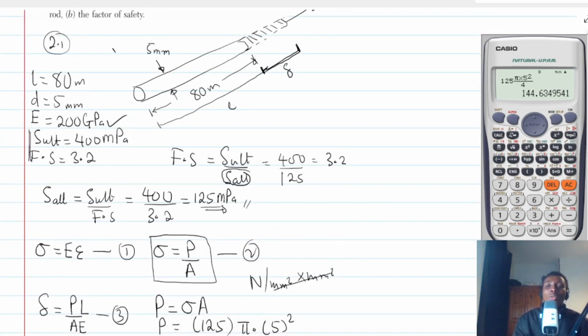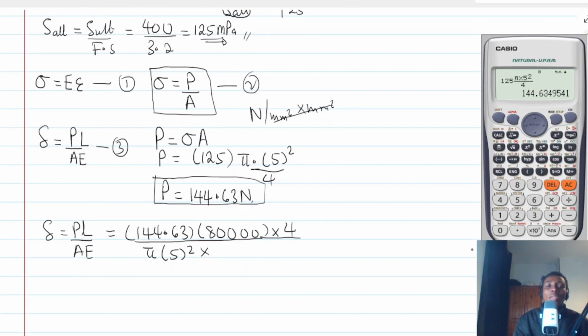So let's convert the 200 gigapascal into megapascal. That will be 200 times 10 to the power 3, so that everything will be in millimeters, and the final answer will be in millimeters. But you can also choose to go in meters. The best way to deal with a problem like this, because you don't want to get large values, is to work in millimeters.